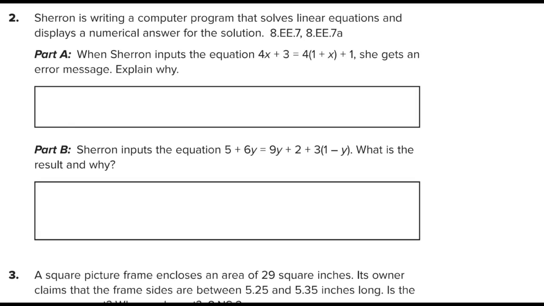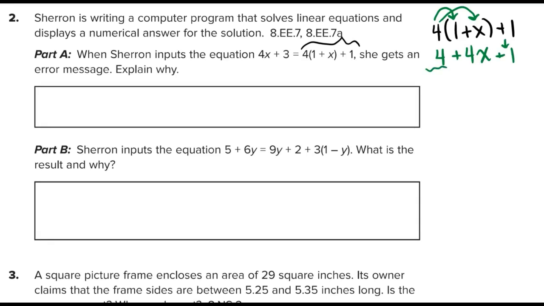So I'm going to work with just the right-hand side of the equation for now, and I'm going to simplify things. So let's see. 4 times 1 is 4. 4 times x is 4x. And then I'm going to drop down that plus 1.